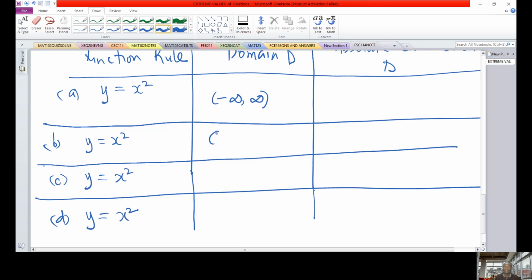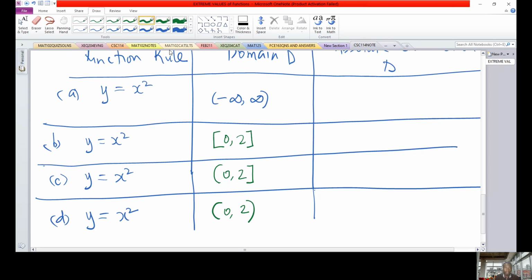Next domain, 0 to 2. Next domain 0 to 2, but 0 is not part of the domain. And then last, 0 to 2 without including the endpoints.